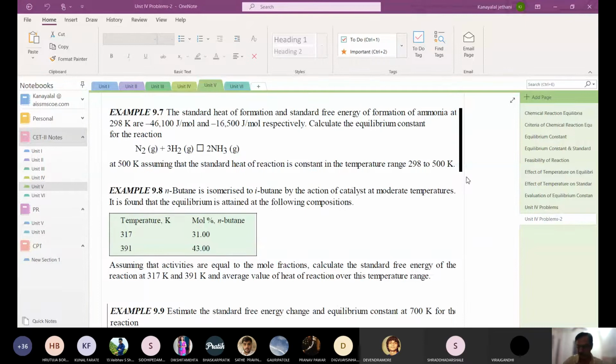So find out what is the standard free energy of reaction and what is the standard heat of reaction, and raise your hand once you're done.